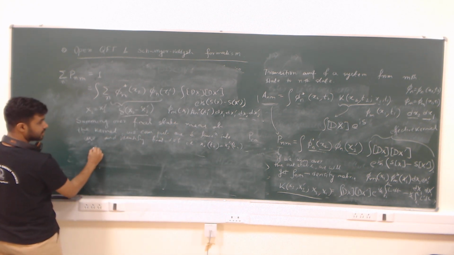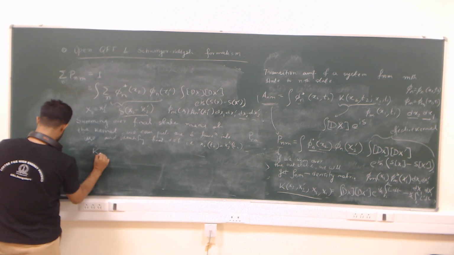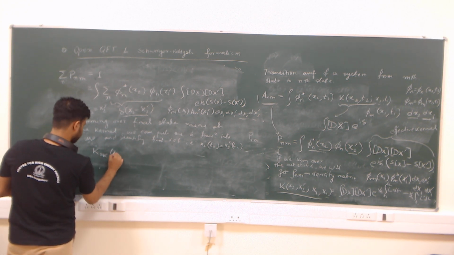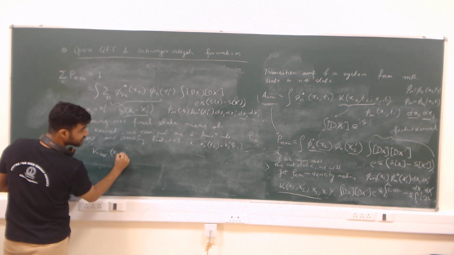So now the kernel that we will have is the Schwinger-Keldysh kernel. We'll have just one x2 instead of x2 and x2 prime.